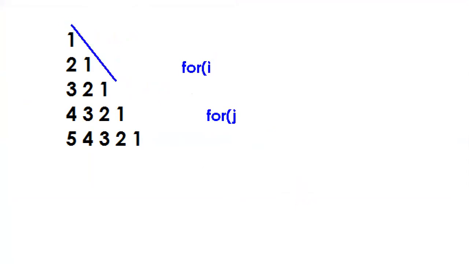You can check diagonal and you can check like this, straight. So some values are changing. What is changing? 1, 2, 3, 4, 5. That you make it the outer loop. i equals 1, i is less than or equals to 5, i plus plus. So i value 1, 2, 3, 4, 5.